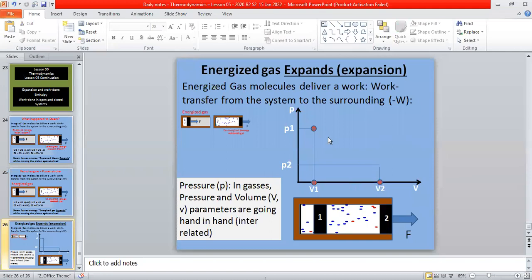So this is P2, corresponding V2 volume. So expansion from V1 to V2 is the expansion, while the pressure reduced, this is natural, from P1 to P2.